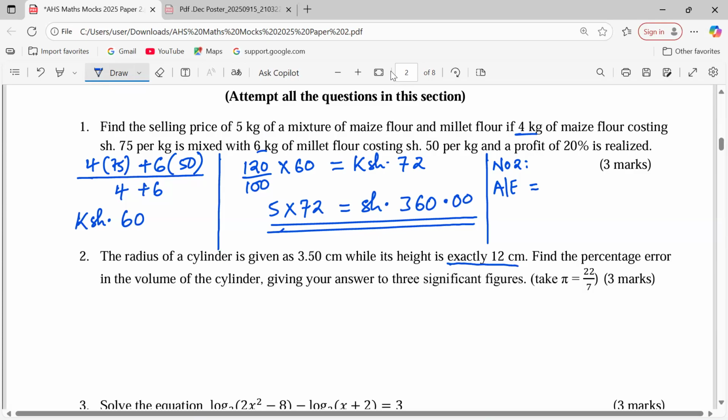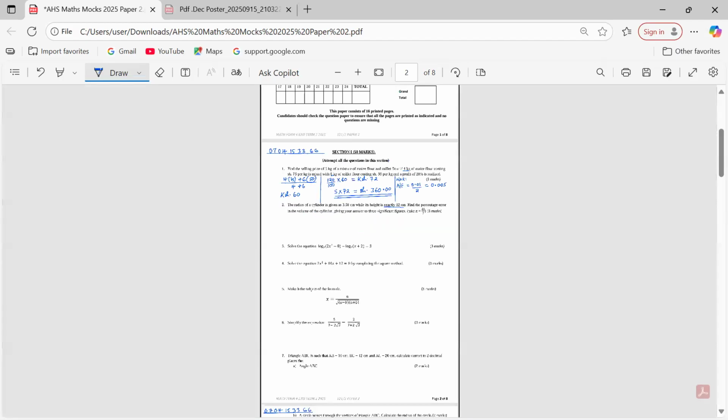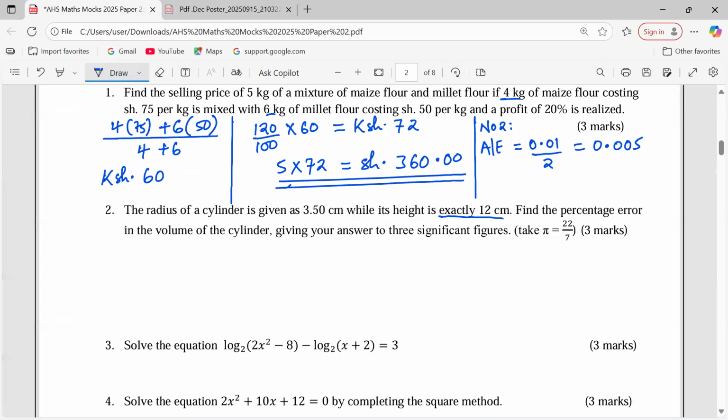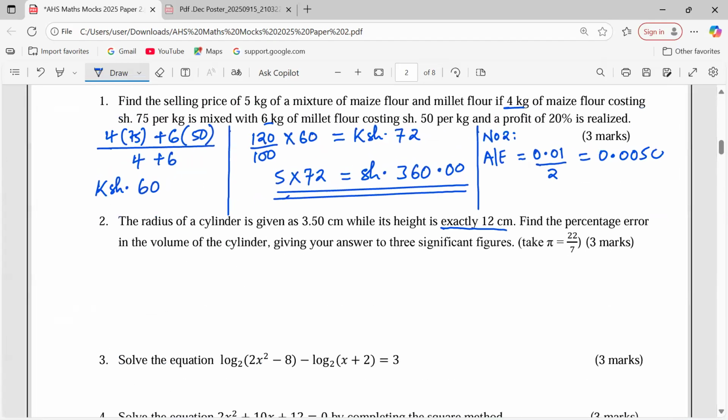So the accuracy is 2 decimal places, so 0.01. This should be divided by 2 to give us absolute error. The accuracy divided by 2 gives us absolute error. So this is 0.005 centimeters.